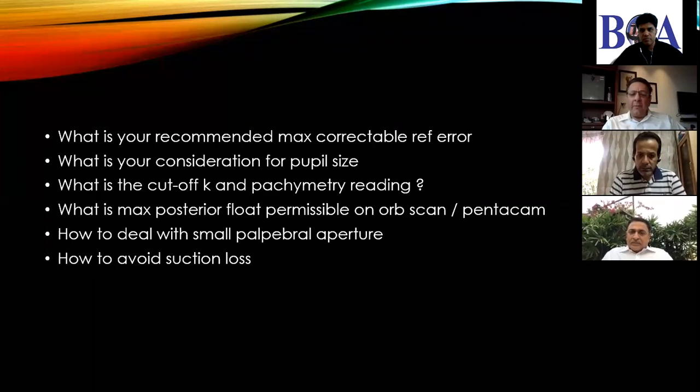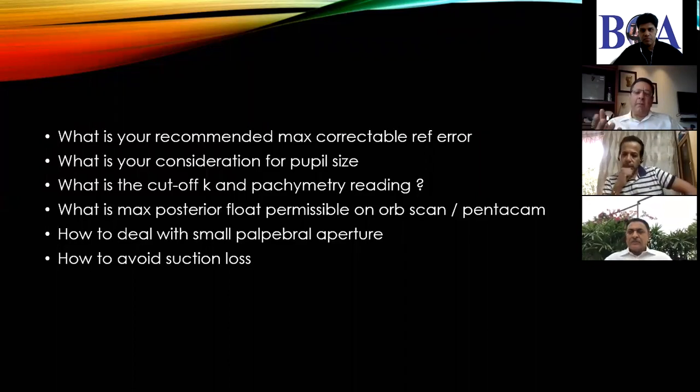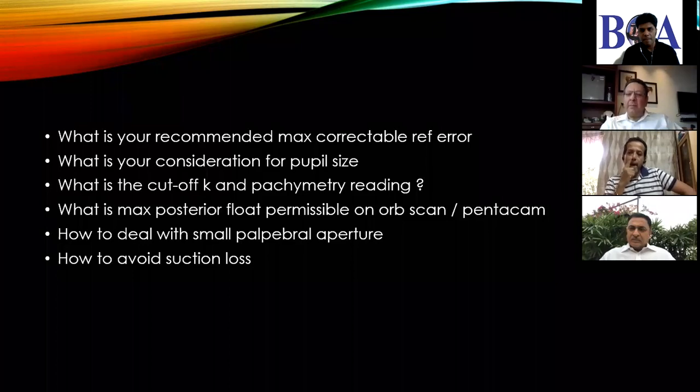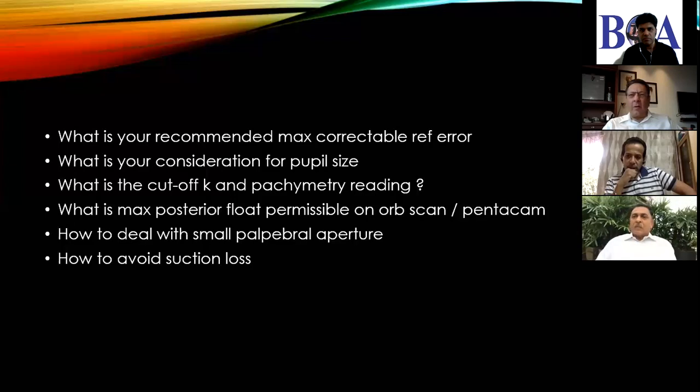Again, you have to correlate what we are doing in the way of ablation with the pupil size. Now our lasers, by and large, I think my laser goes up to 6.5 optical zone. I don't know about the other machines. They probably do more. I remember one old machine used to go to 9 millimeters optical zone, the autonomous system.